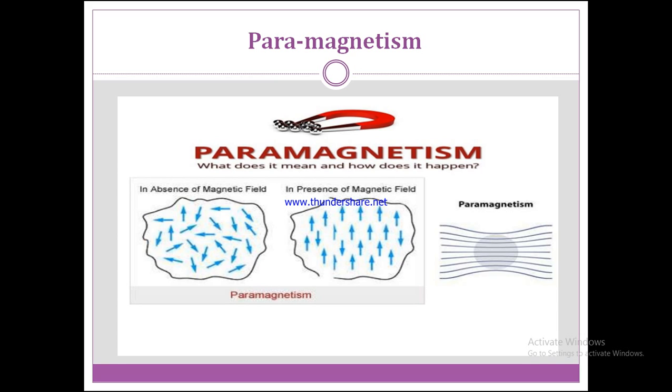In addition, the effect is lost as soon as the magnetic field is removed. Since thermal agitation randomizes the directions of the magnetic dipoles, an increase in temperature decreases the paramagnetic effect. Paramagnetism is produced in many materials like aluminum, calcium, titanium and alloys of copper.